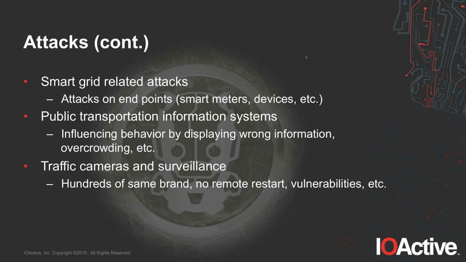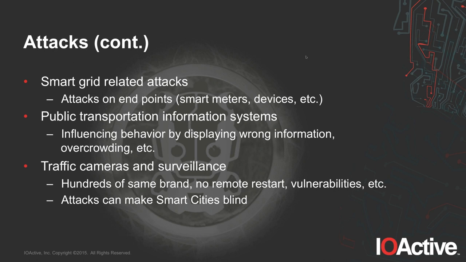And these cameras, usually they are deployed by the hundreds, and you have the same model and the same brand. And when they are attacked, sometimes you don't have the possibility to remotely restart them. If they have some critical vulnerabilities, you, as an attacker, could change the firmware. You can really compromise the camera.